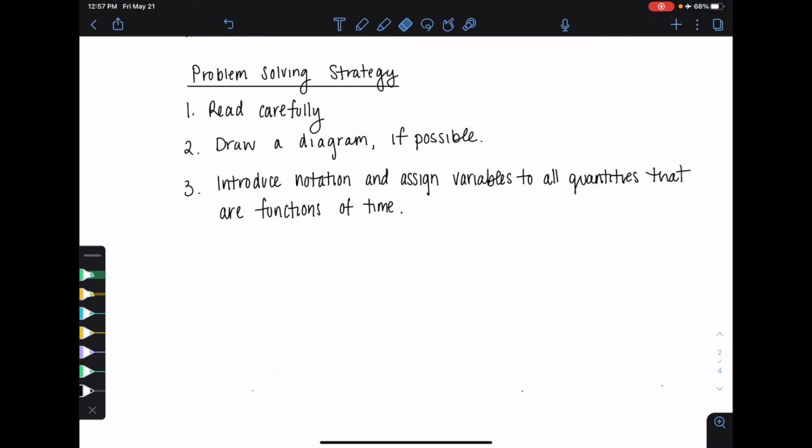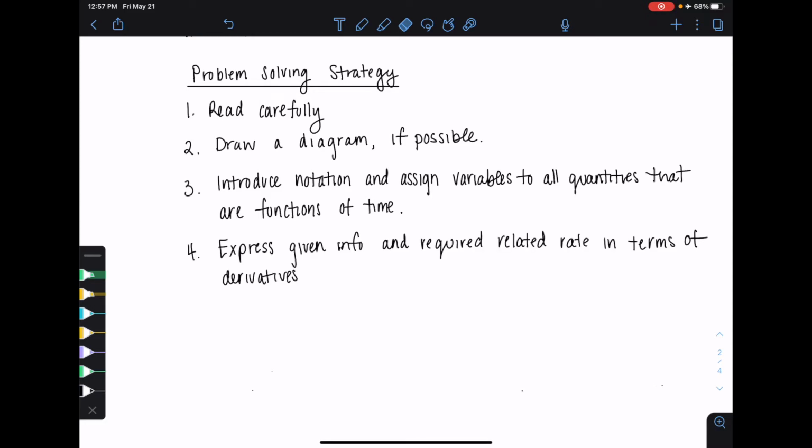So once you've introduced your notation and the variables you want, you're going to be given that information and that goal. You want to express that and the required rate you need to solve for in terms of derivatives and in terms of these variables. Then you're going to need to have some relationship between the quantities.